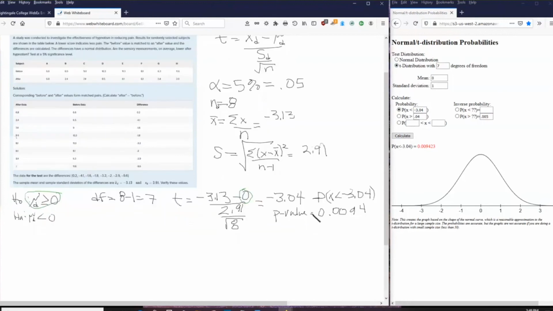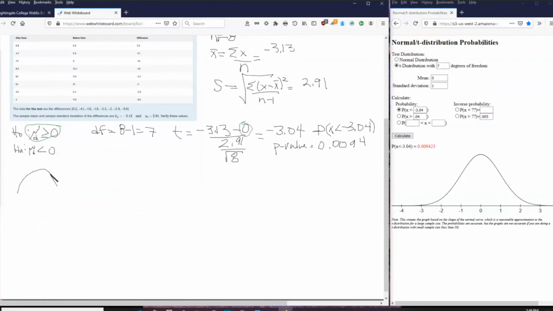So we're looking at our little chart. So we've got 0, we've got a minus 3.04, which gives me a p-value of 0.0094. Okay, so this is my p-score.